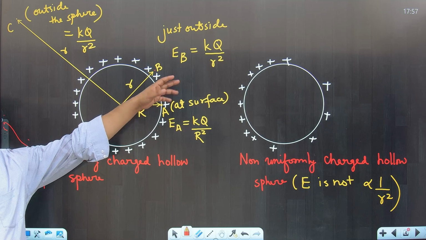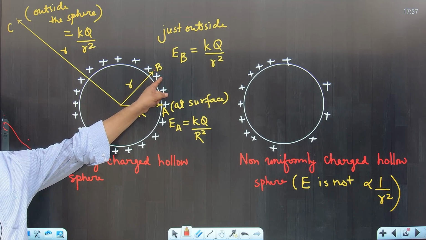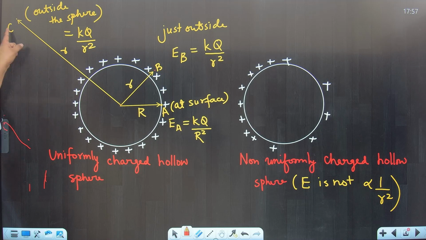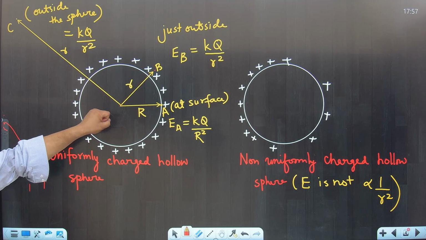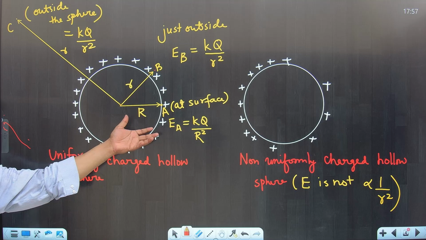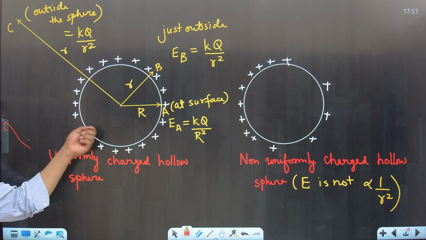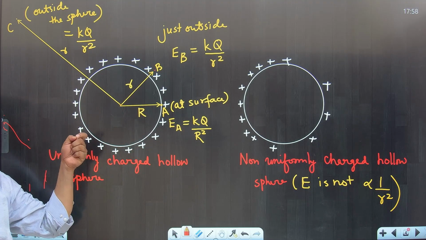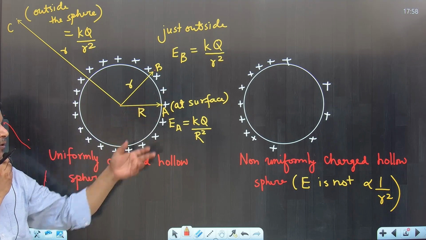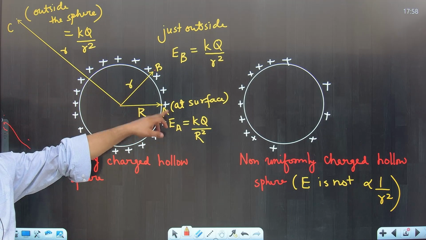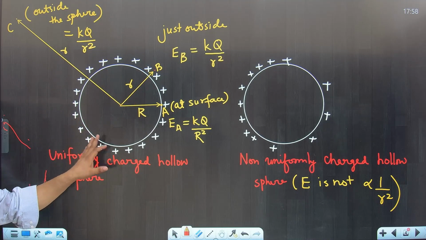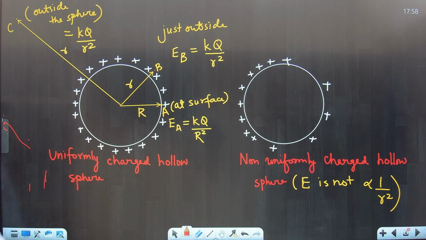It doesn't matter whether point B is just outside or at some significant distance. For this point B, the sphere will behave like a point charge, because point charge has nothing to do with dimensions. Point charge means the electric field due to it is proportional to 1 by r square. So for points A, B, C, for all these points, this system will behave like a point charge.